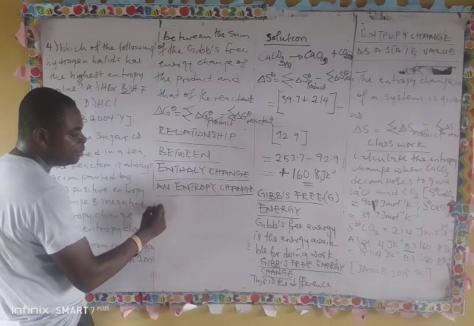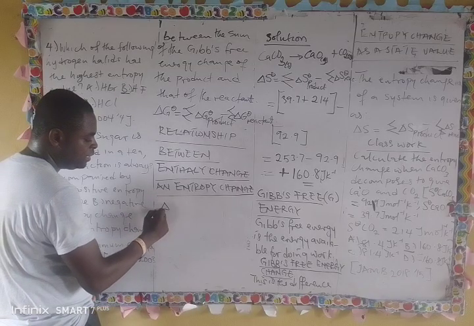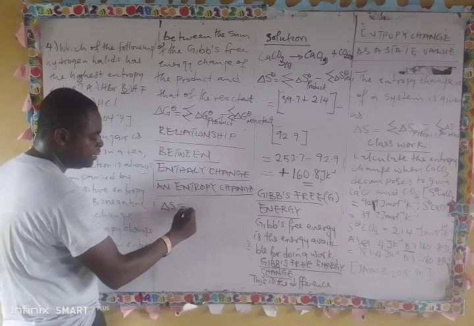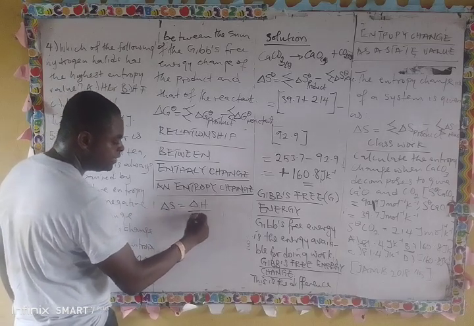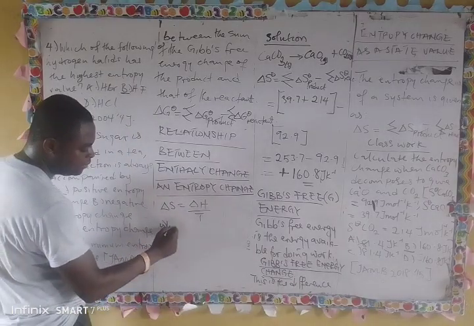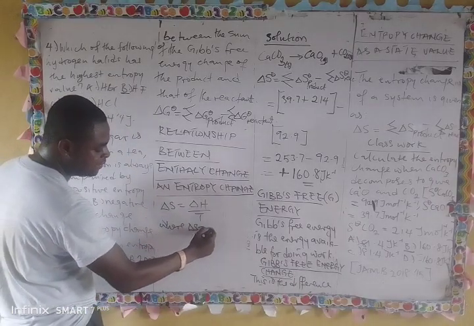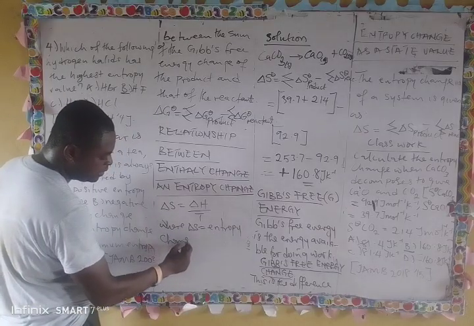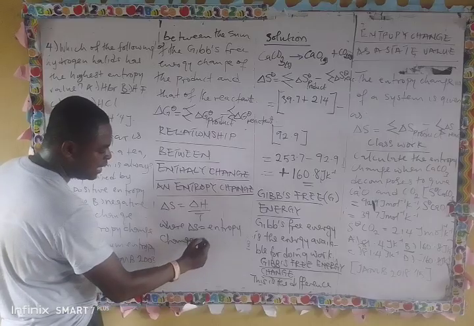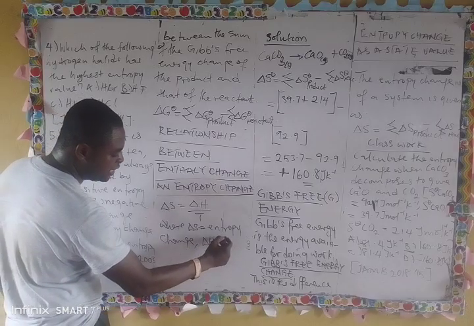That relationship is: delta S is equal to delta H over T, where delta S is entropy change and delta H is enthalpy change.